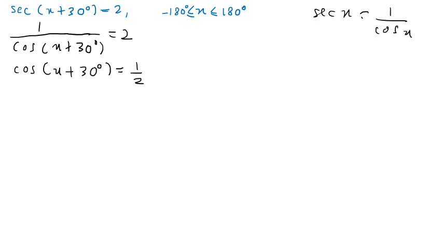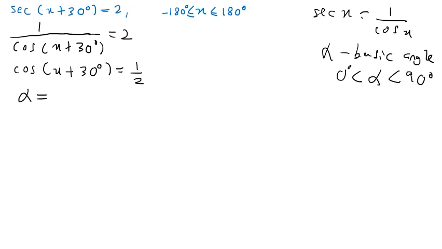But firstly, you have to find the basic angle, that is alpha. Alpha is a basic angle where the value of alpha is between 0 and 90 degrees. To find alpha, it is inverse cos of 1 over 2.